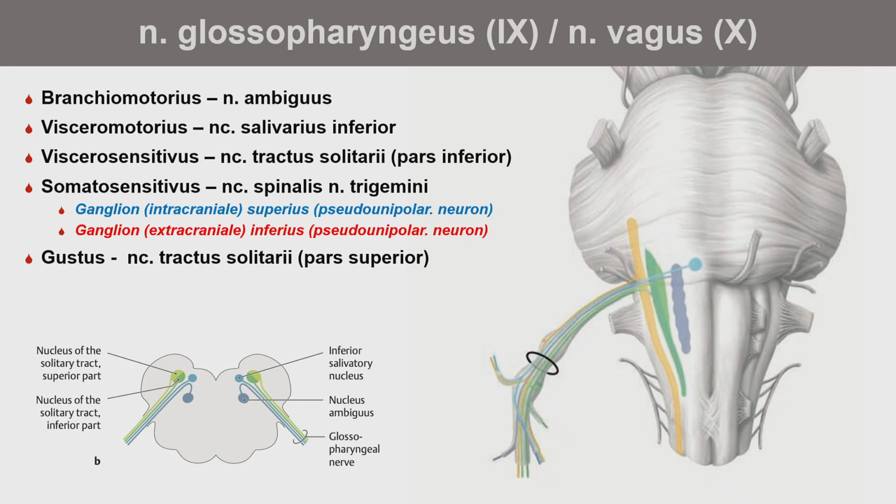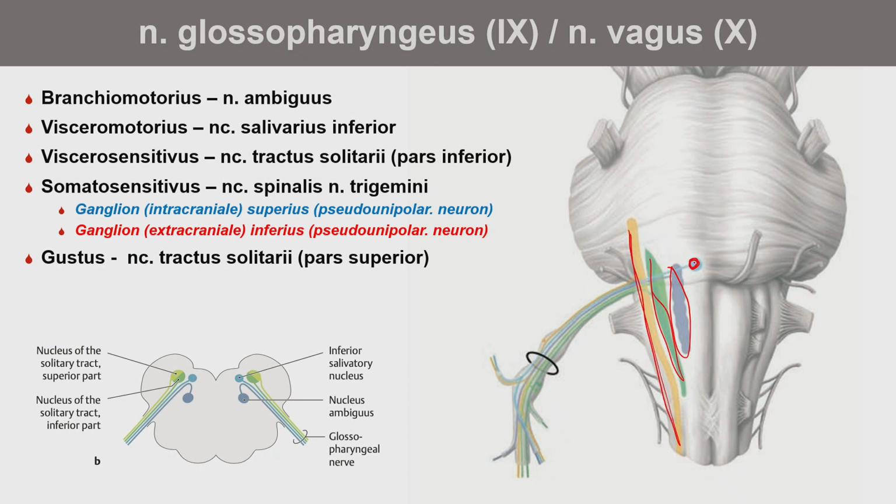Next two nerves, they are mixed nerves. They are like twins because they have very similar functions. So they have important parts which are similar, and they are sharing some nuclei, sharing those three nuclei.